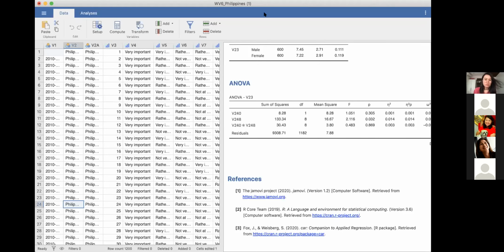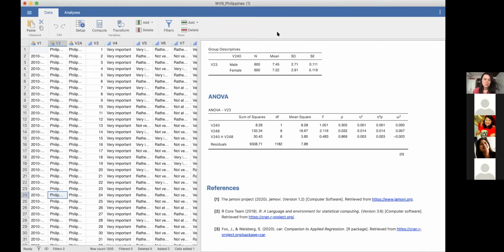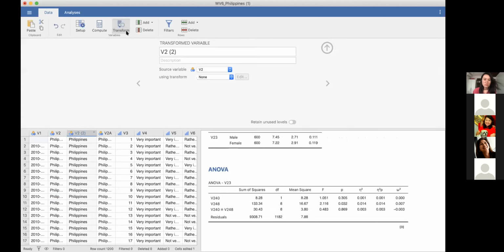So can you follow with me as we go along? So we will use the transform command. Okay. And here, we'll just type in the new variable name.